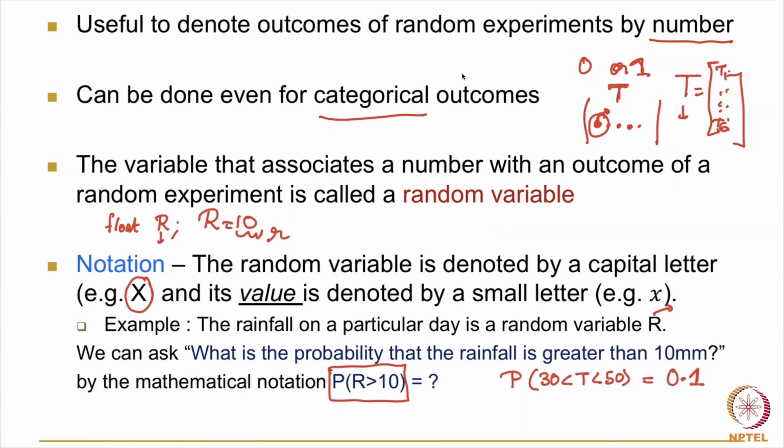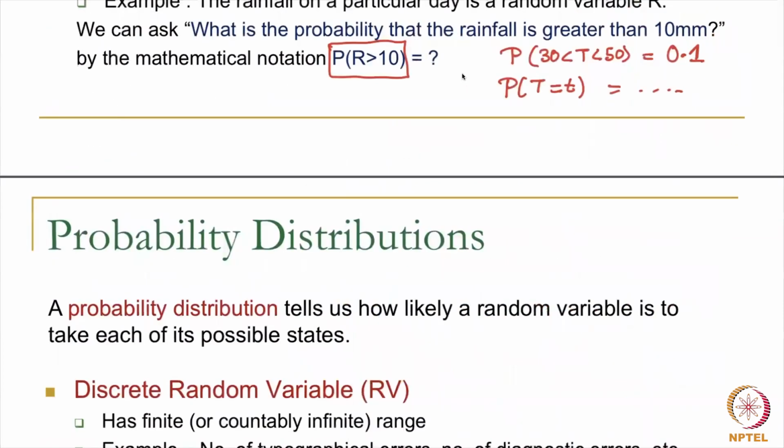I could also say the probability that the temperature is equal to, let's say, small t is something. This is actually wrong because you can't get a specific temperature. We will come to this more carefully when we come to probability density functions. I hope the idea itself is clear: capital denotes the variable, and small denotes the actual value that variable takes.